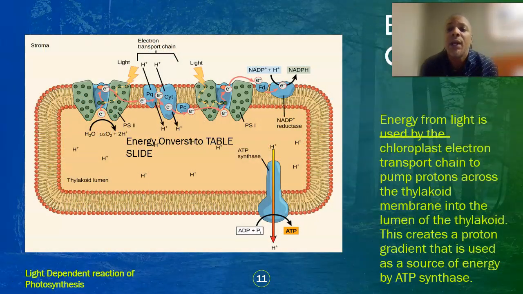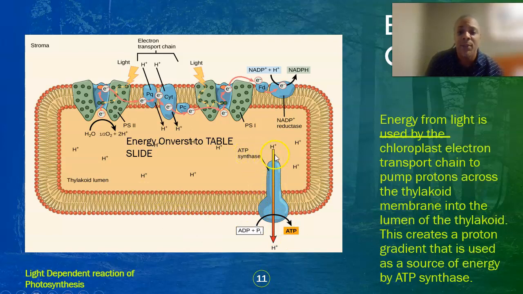Now, energy from the light is used by the chloroplast electron transport chain to pump protons across the thylakoid membrane into the lumen of the thylakoid. Remember we saw that a slide ago? This creates a proton gradient that is used as a source of energy at the ATP synthase.